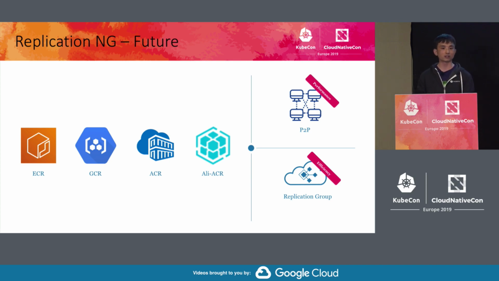One is peer mode: any change in a registry in the group will be automatically replicated to other nodes. Also, you can specify which is the master and which is the slave. That means the replication only happens from the master to all the slaves. Okay, that's the next step of replication.